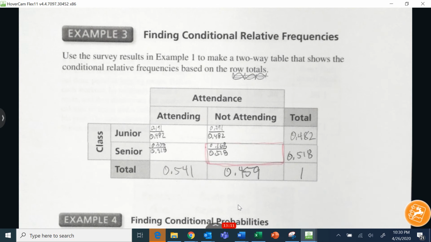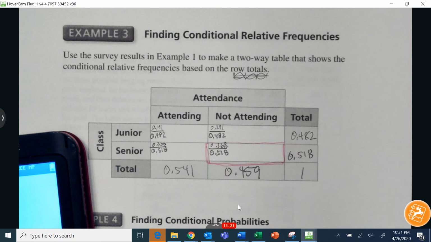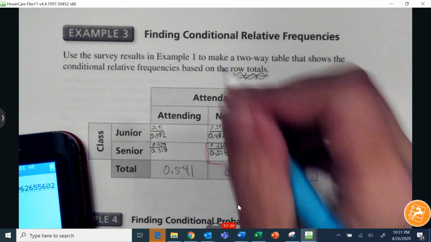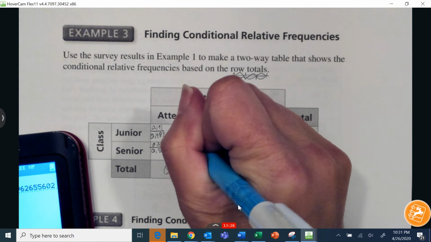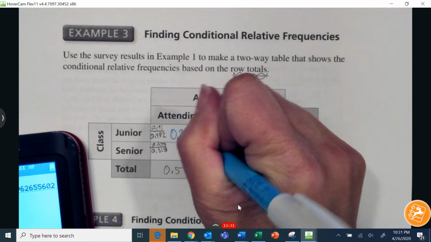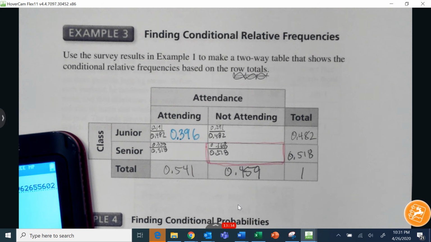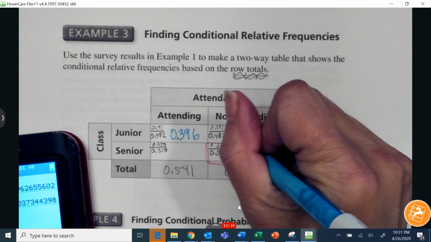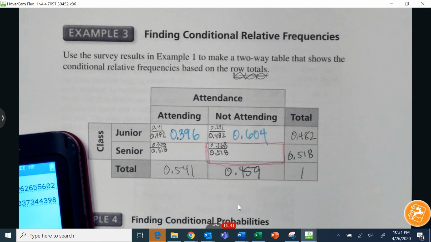So you use your calculator. I've already written these down so that, oh no, I didn't write them down. Just kidding. So we're going to do it real fast. 0.191 divided by 0.482. 0.291 divided by 0.482. 0.350 divided by 0.518.